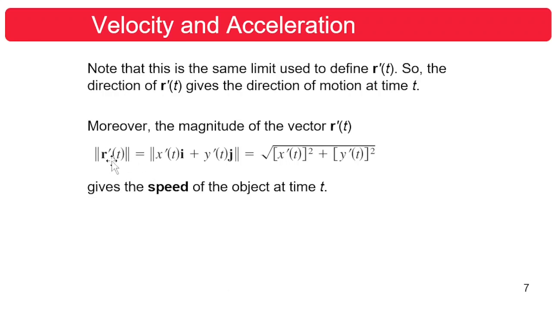By definition, the magnitude of r prime of t is equal to the magnitude of the vector with components x prime of t i plus y prime of t j. So this is equal to the square root of the square of the first component plus the square of the second component. And this formula is called the speed of the object at time t.